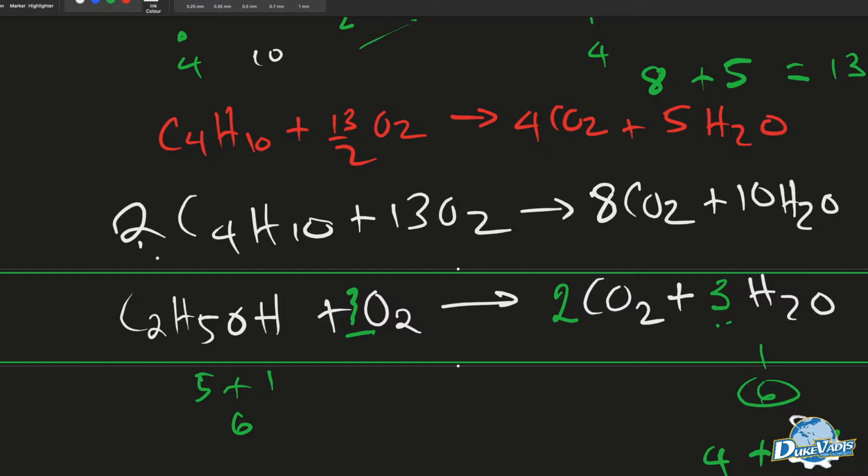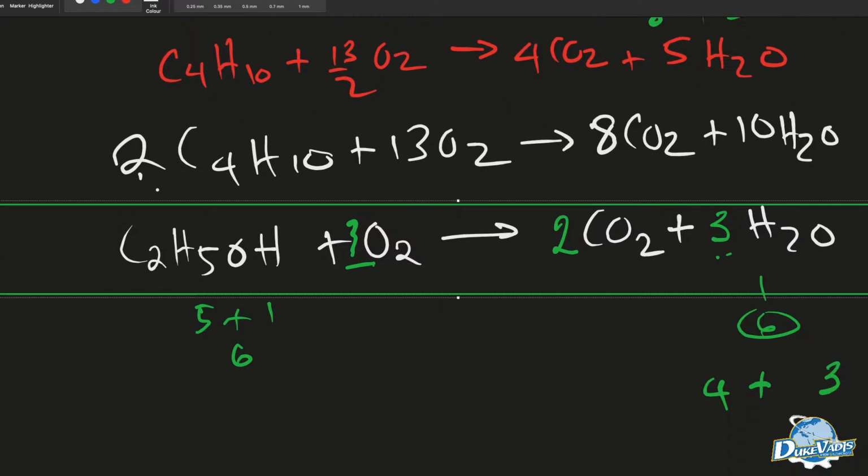On the left-hand side, we have oxygen to be 6 plus the oxygen in the ethanol, that makes it 7. On the right-hand side, we have 4 plus 3, that is 7. Then the hydrogens are 6 on both sides. So the equation is completely balanced.